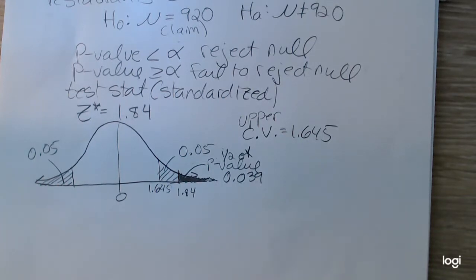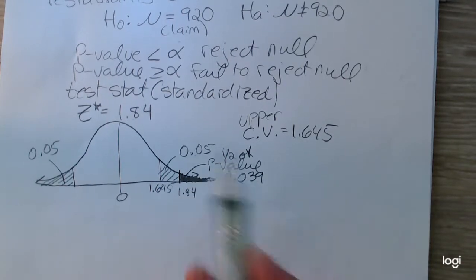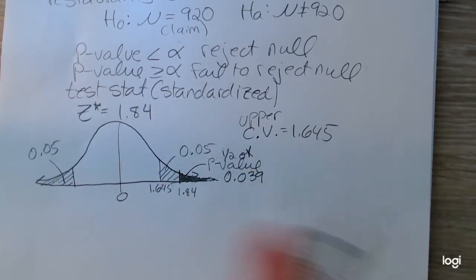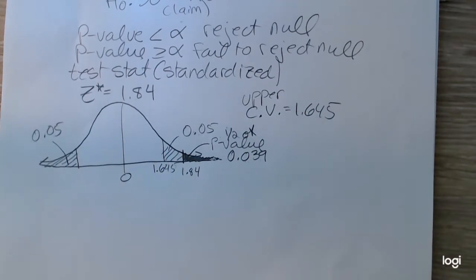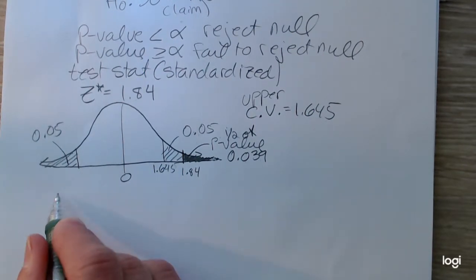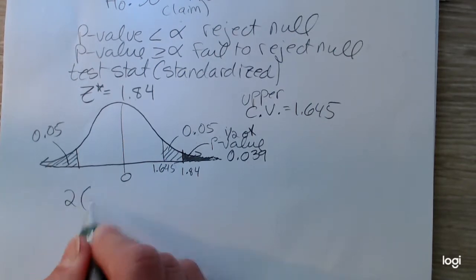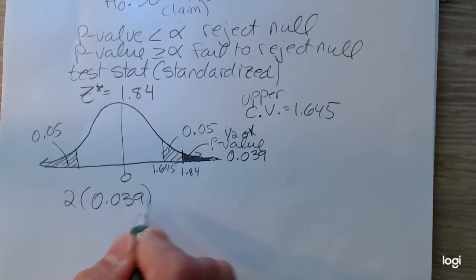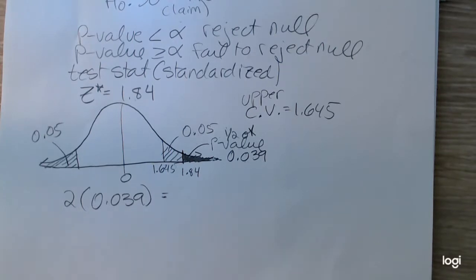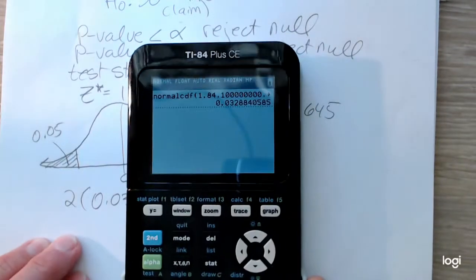So to get it back in terms of alpha rather than half of alpha, I need to blow everything up by multiplying by 2. So the actual p-value is going to be 2 times 0.039. Okay, that's going to be our final answer for the p-value.